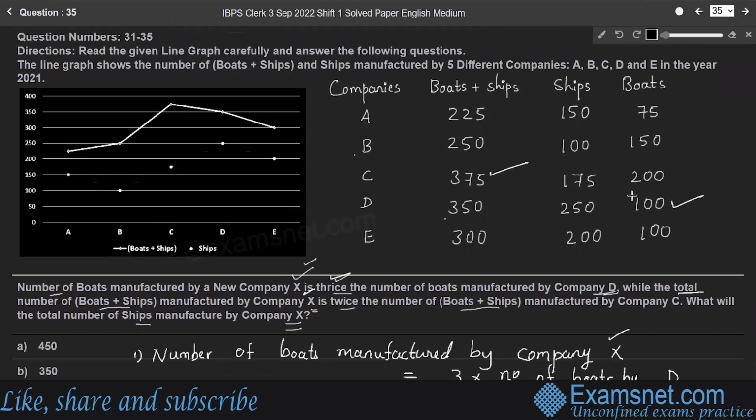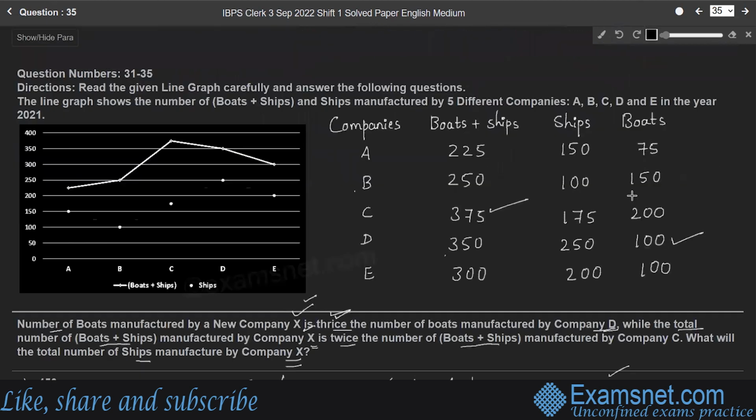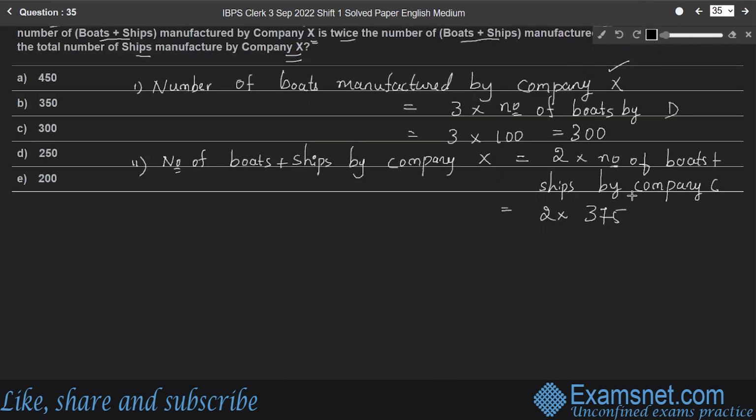Company C manufactures 375 boats plus ships. Therefore, 2 times 375, which is 750, right?